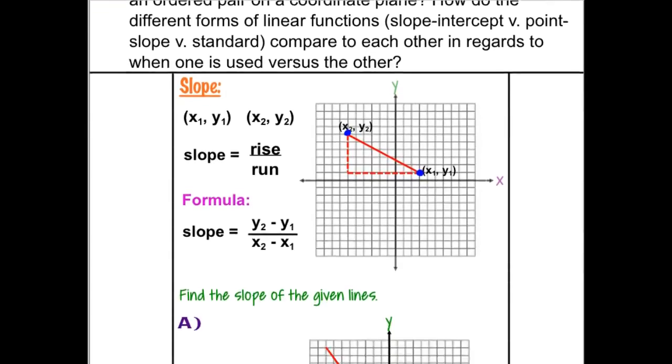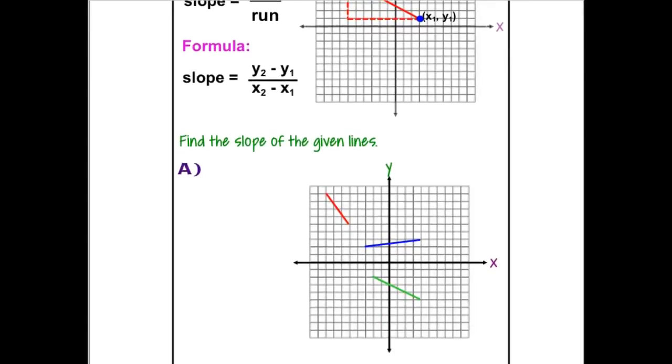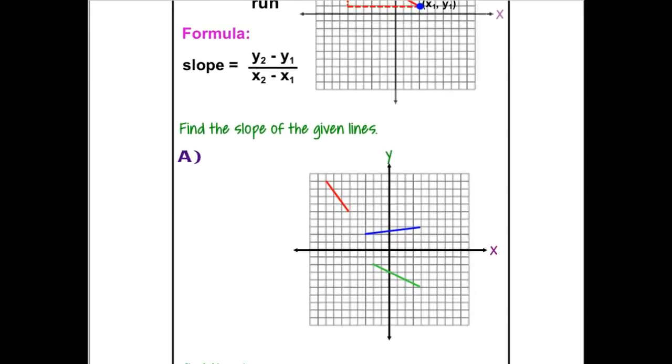So let's take a look at finding the slope of some lines. So we have here 3 different lines. We got a red line, a blue line, and a green line. So let's start with the red line. Red line goes from here to here. Now, could we figure out that that first one has an ordered pair of -5, 5, and the second one is -8, 9? Absolutely.